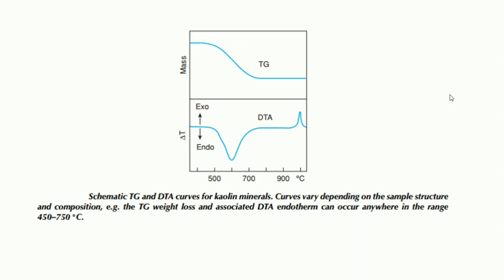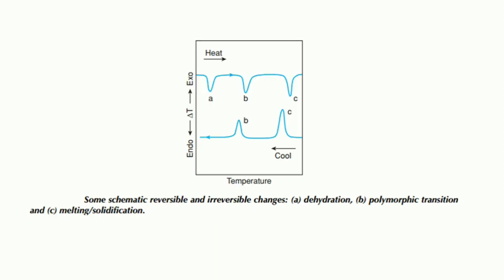Another useful approach is to follow the thermal changes on cooling as well as on heating. This allows a separation of reversible changes such as melting or solidification from irreversible changes such as most decomposition reactions.